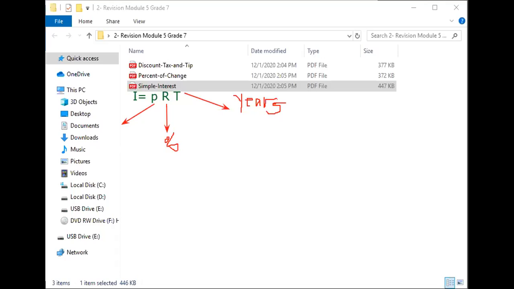Then, as I told you, we have to use this formula. So determine the simple interest of these loans, $450. So this represents what? Could you please translate and tell me for each question here, each one represents what? 450 now represents what? The principal. So this one represents the principal.